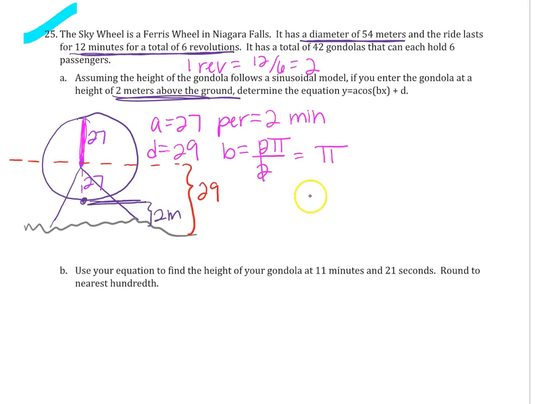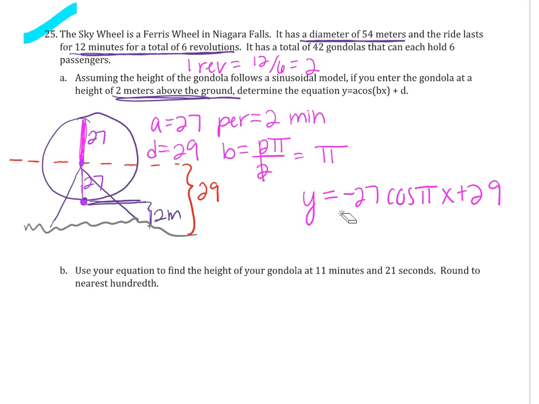So putting it together in terms of cosine, and you'll notice I added a negative in here. That's because you're starting below the midline getting on the Ferris wheel, which is that 2 meters above the ground.